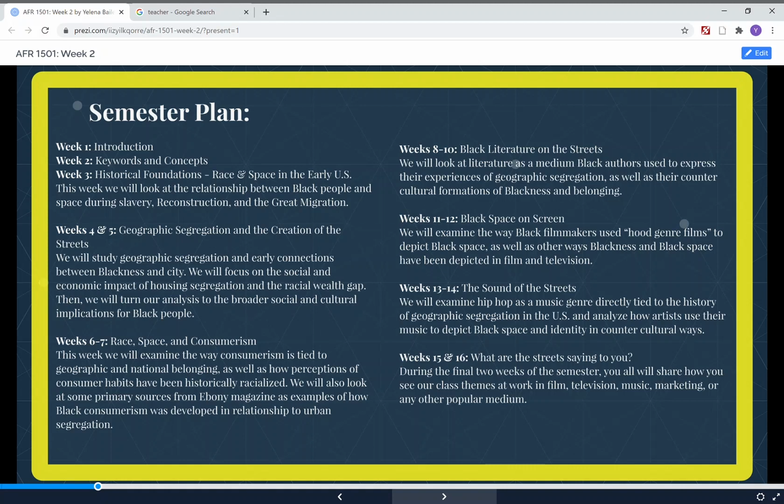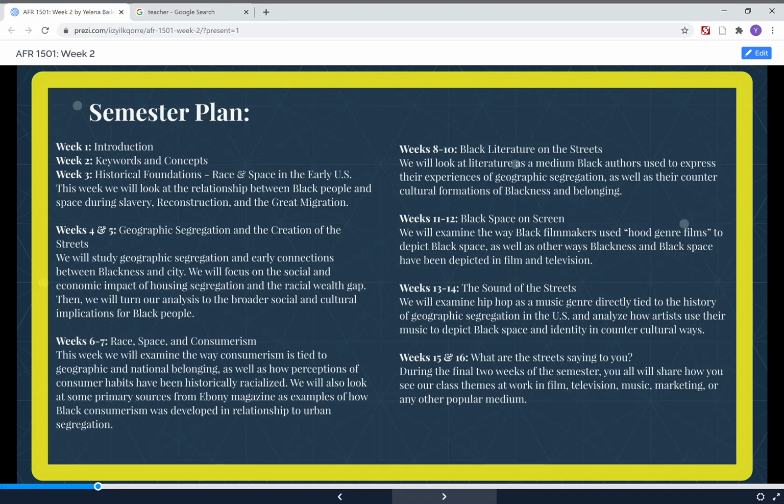And then weeks 8 through 10, we're going to turn our lens to literature, right? I promised you, and I think you all made a good point about asking about this in your post, that we're not just going to look at what happened to Black people in this country, right? Because I think it's important to recognize these larger systemic issues, but it's also really significant that we look at the way that Black people themselves have responded and contested the way that they were being defined and treated.